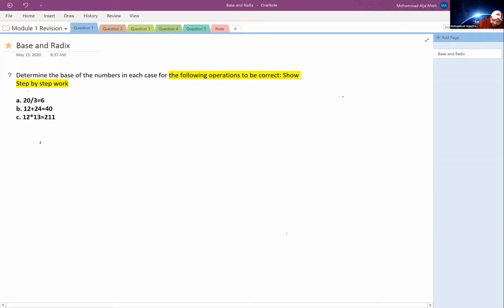So if I have 12 multiplied by 13 equal to 201, how can I represent them using the polynomial notation?